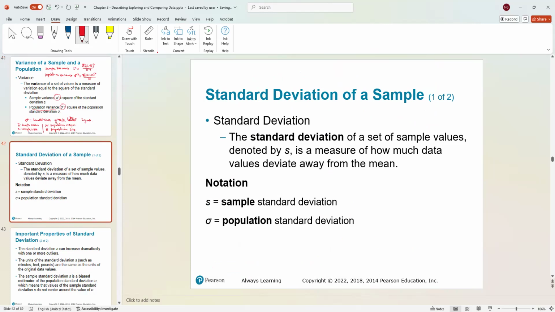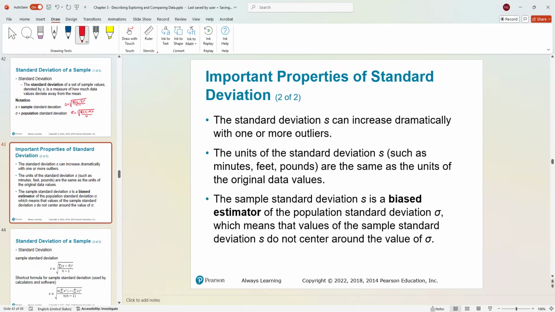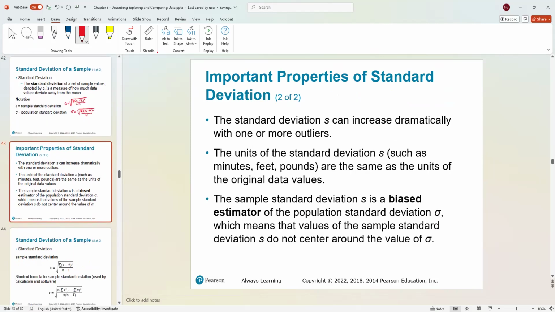If the population standard deviation is sigma, you take the square root of what you already know for the variance: the sum of xi minus the mean squared, over capital N. The sample standard deviation is simply S. You take the square root of the sample variance, which is the sum of xi minus x bar squared over n minus 1.